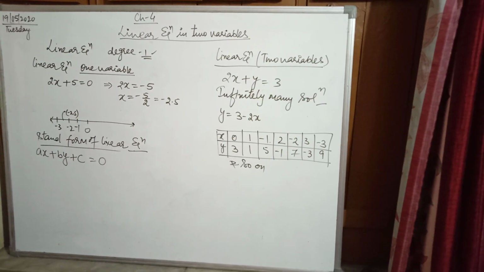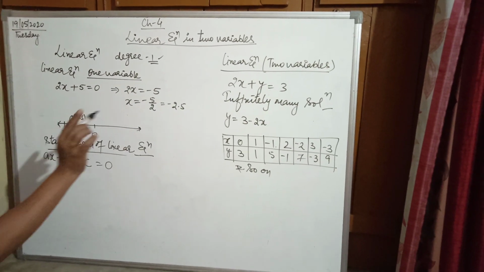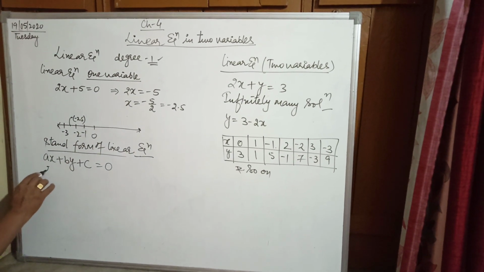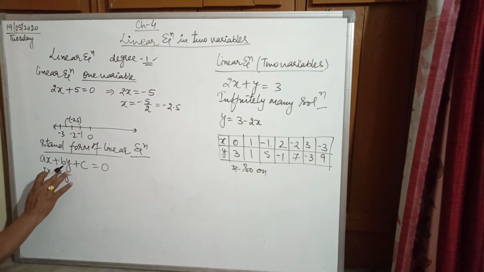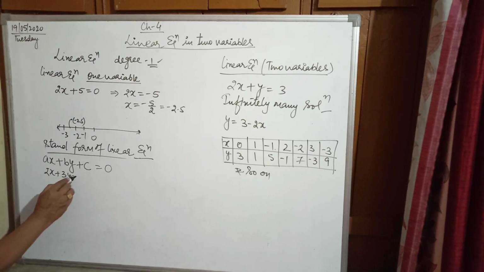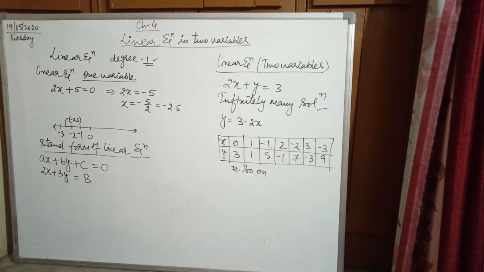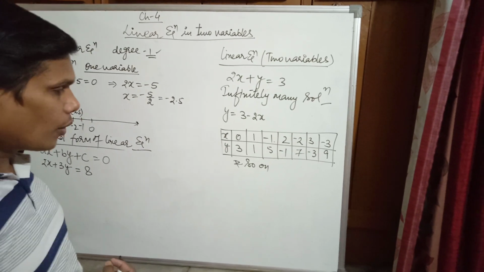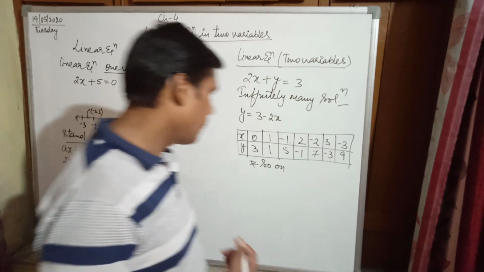Suppose the given equation is 2x plus 3y is equal to 8. By comparing these two forms, I want to get the values of a, b and c.